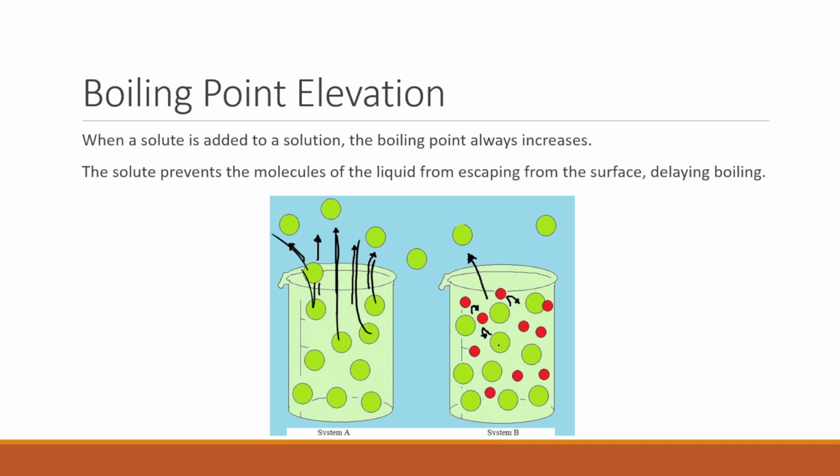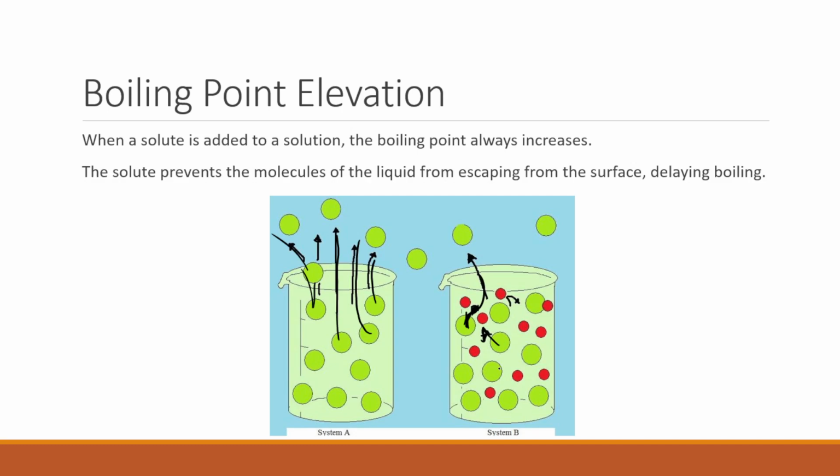The water molecules bounce off of those ions, right? They can't get around all those ions. It's harder. And on top of that, remember that the water molecules are attracted to the ions. The positive hydrogens are attracted to the negative ions. The negative oxygens are attracted to the positive ions.